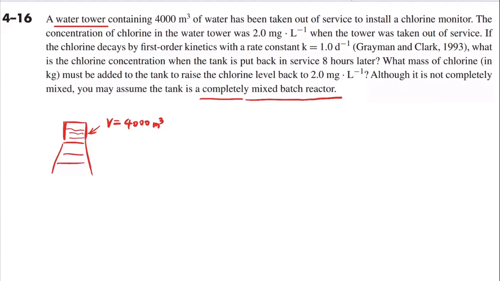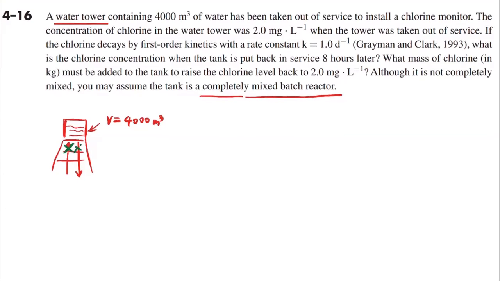Theoretically, there is water going up or going down, but to install this device, they just cut this flow from the water tower. So this has been taken out of service to install the chlorine monitor, and the concentration of the chlorine in the water was 2 milligram per liter. So we know that the concentration at the beginning is 2 milligram per liter.